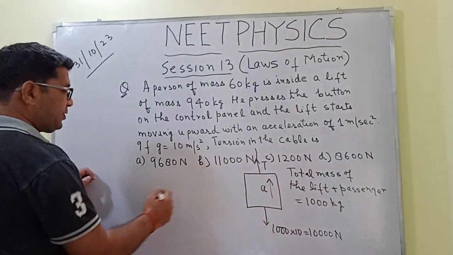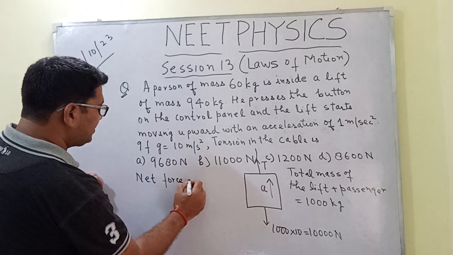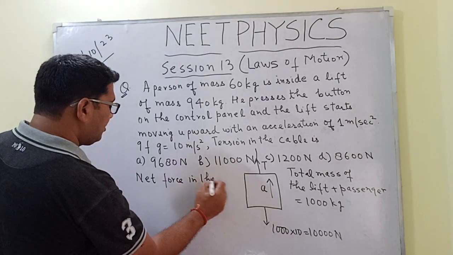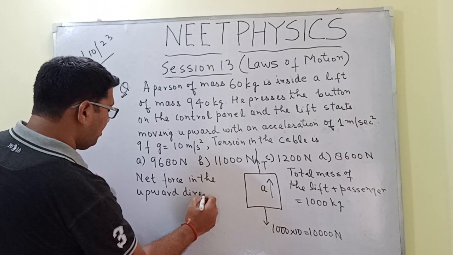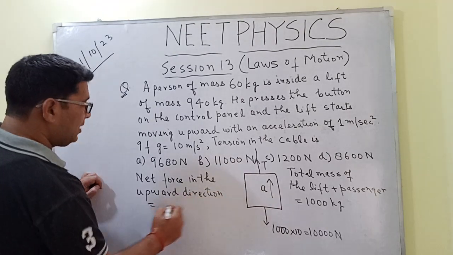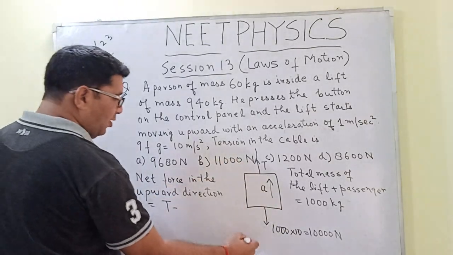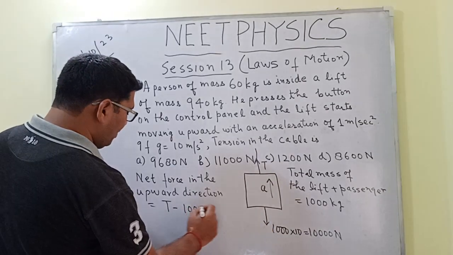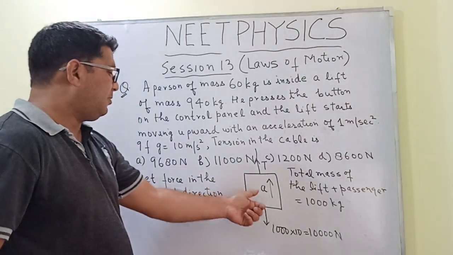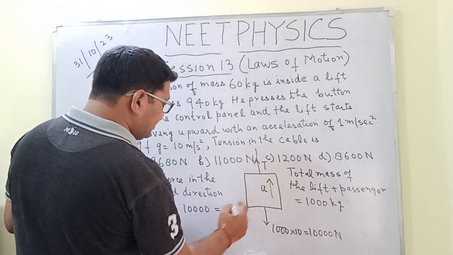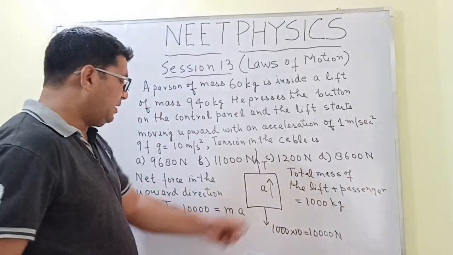So what will the net force on the lift be? The net force in the upward direction will be equal to T, the tension in the cable of this lift, minus the weight acting downward, which is 10,000 Newton, and this will be equal to the mass of the lift into the acceleration of the lift.